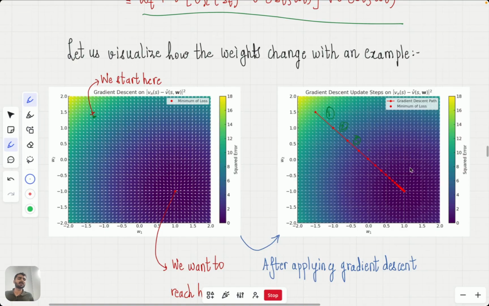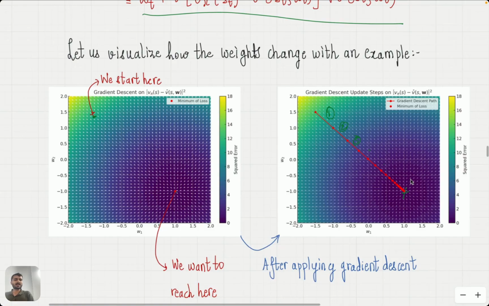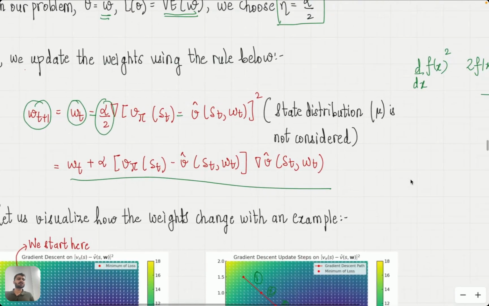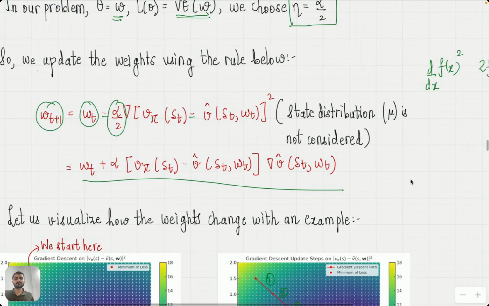Slowly, after taking maybe 100 or 200 steps, we obtain our values of W1, W2 such that the loss is minimized. That is the whole objective of this whole process. We want to tune our weights such that our loss function is minimized. And how do we tune our weights? We move our weights in the direction where the gradient of the loss function is the steepest. That is the intuition behind it. The mathematics only involves this chain rule and the gradient operation.